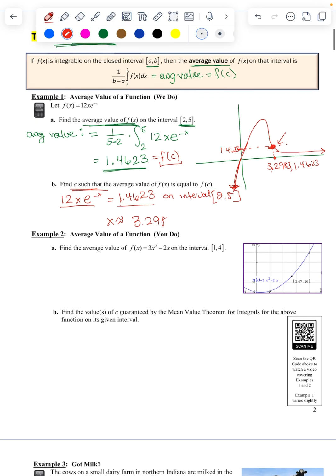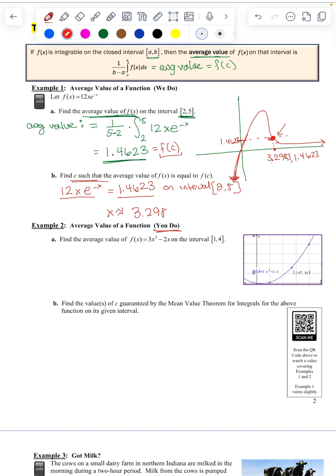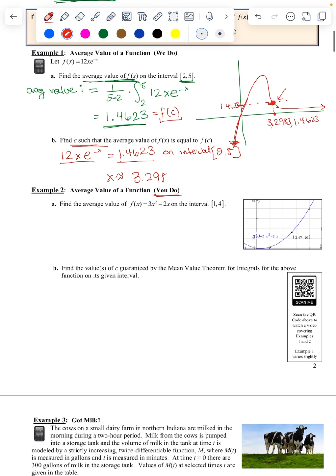All right, I'm going to leave number 2 for you to do. This is a you do. You should be able to complete this one without a calculator. I know that they show you the graph here and the answer, but try to do this without a calculator.